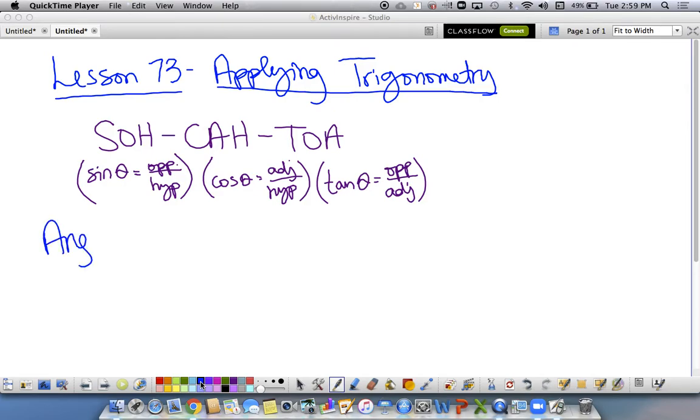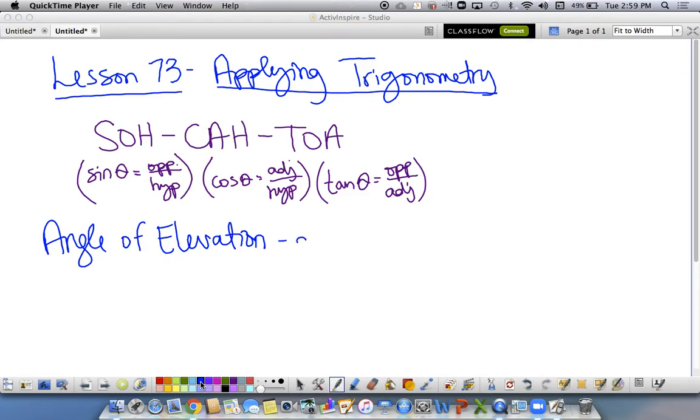We need to talk about the angle of elevation. The angle of elevation. What do you know elevation is? It's the height of something. Okay? The definition says it's the angle formed by the horizontal line and a line of sight to the point above.